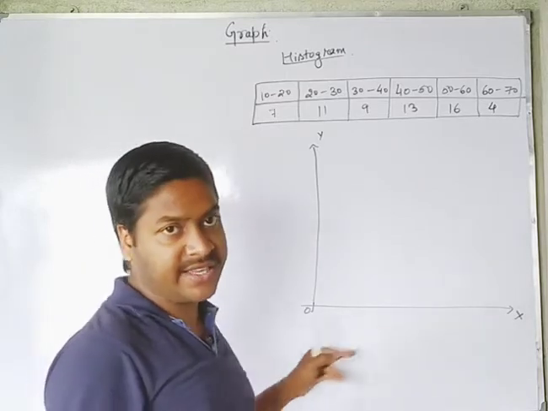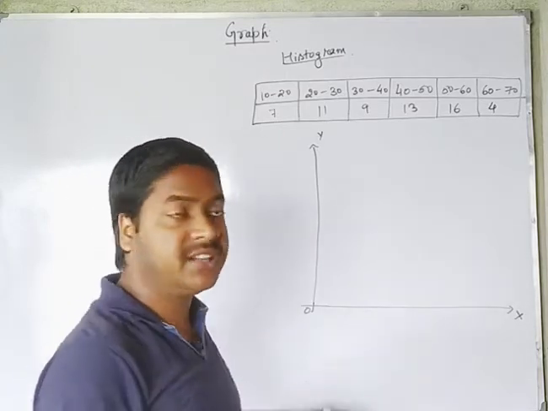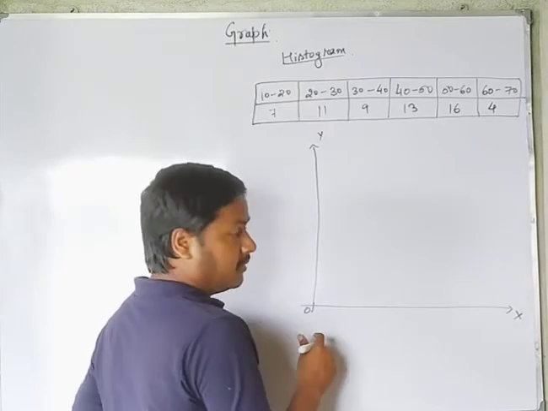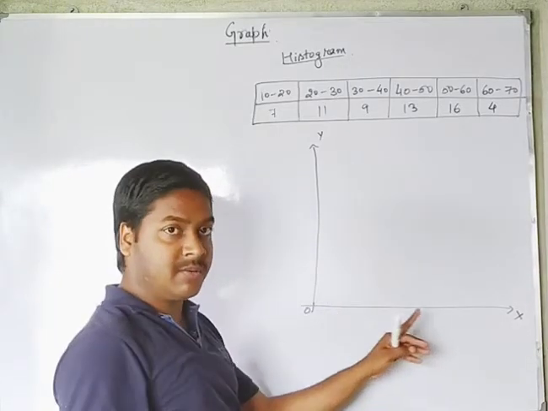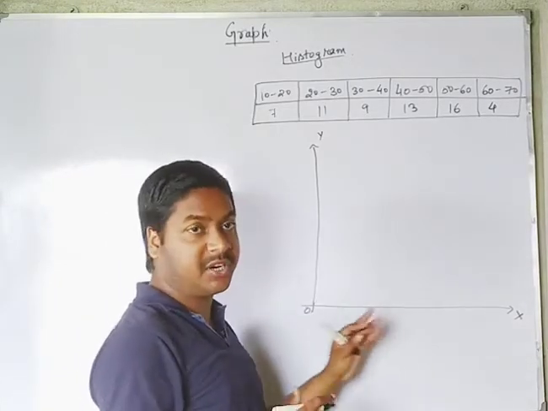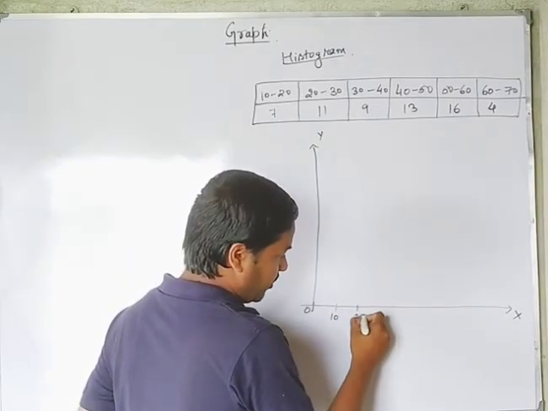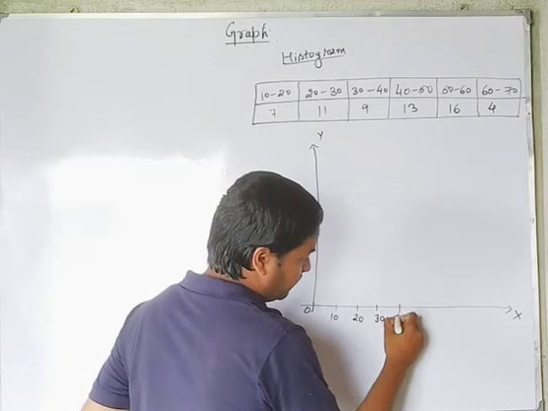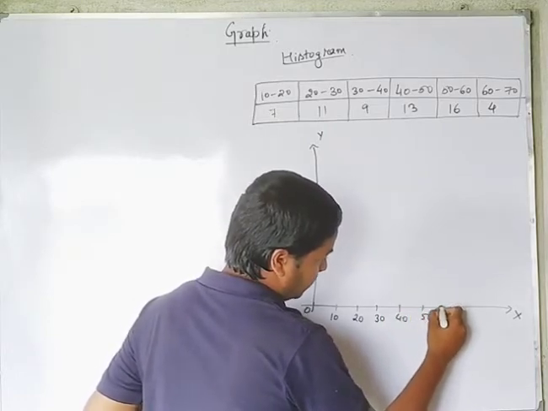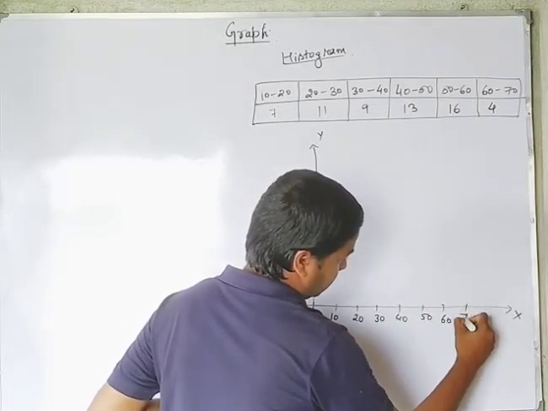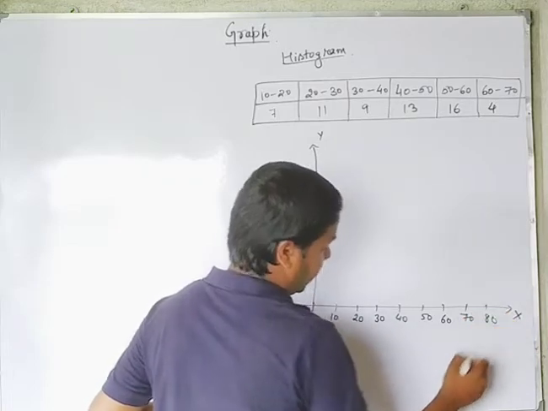At first we write on the x-axis; the above one is always written on the x-axis. That means 10. The same interval we will take again: 0, then 10, 20, 30, 40, 50, 60, 70, 80.